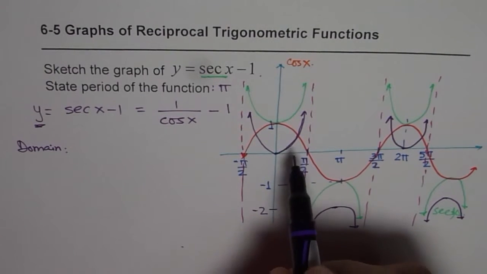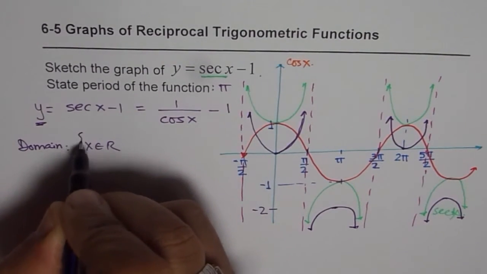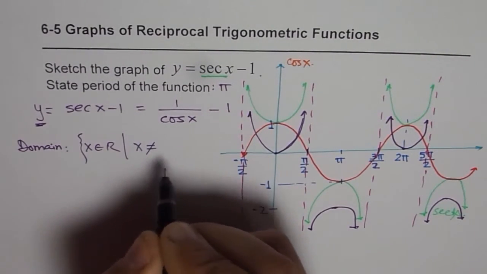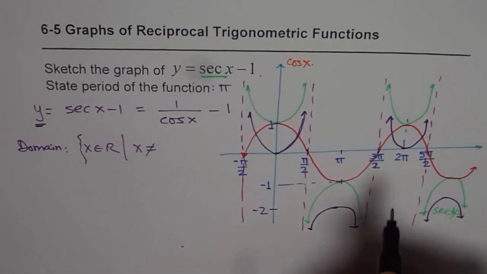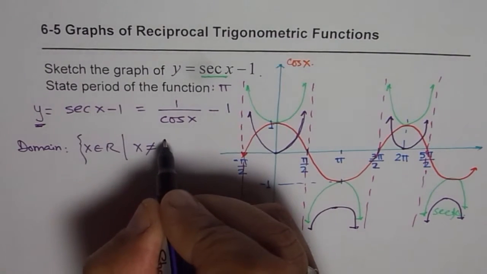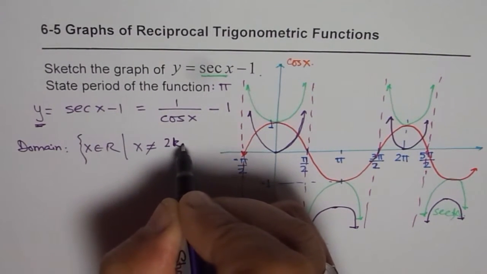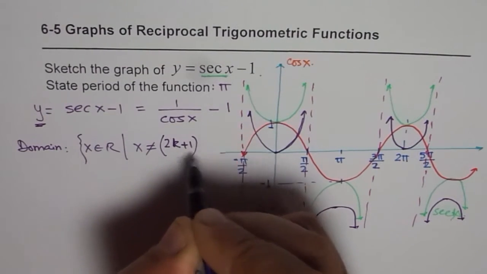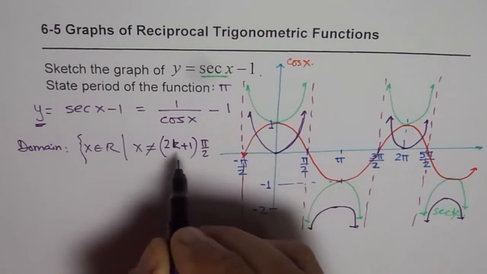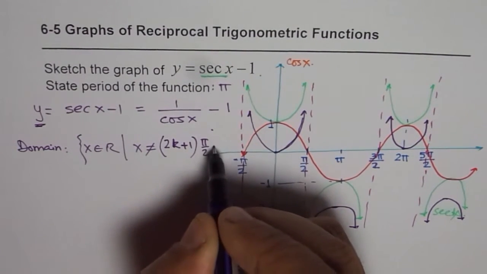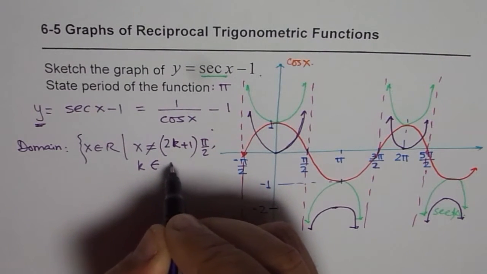The domain for secant x will be x belongs to real numbers. However, x is not equal to these odd multiples of pi by 2. So we can say 2k plus 1 times pi by 2. You could use minus 1 or plus 1; it doesn't really matter, both give you the same thing, where k belongs to integers.